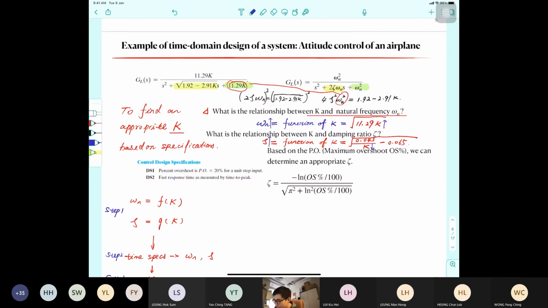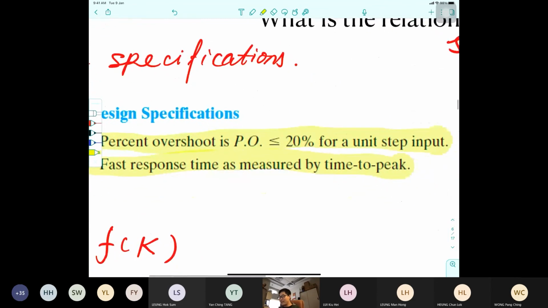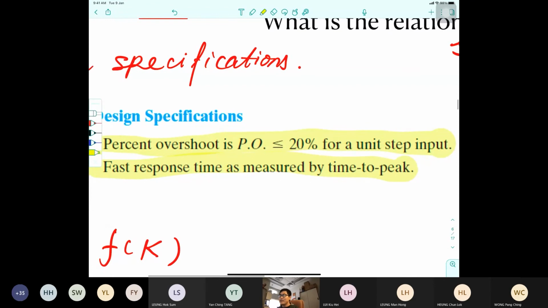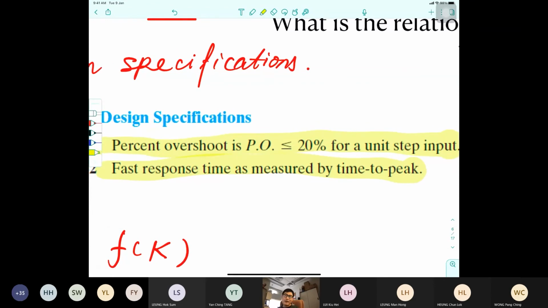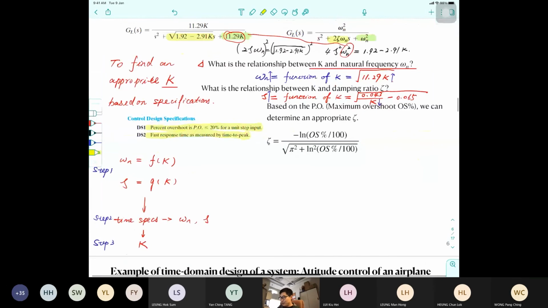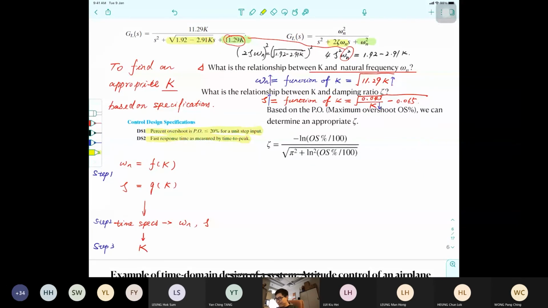Now we should look back to the specifications. These two specifications are the two required parameters: one is maximum overshoot, and the other is peak time, which should be fast, short. So which one has a number? This one, right?